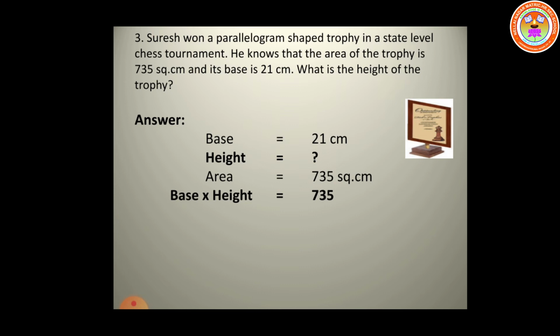Substitute the known value base. 21 into height equal to 735. Keep height in the left side itself. Take 21 to the opposite side. It becomes divide 21. So you get the answer for height is 35 centimeter. What is the answer? 35 centimeter. Let us move to the next fourth question.